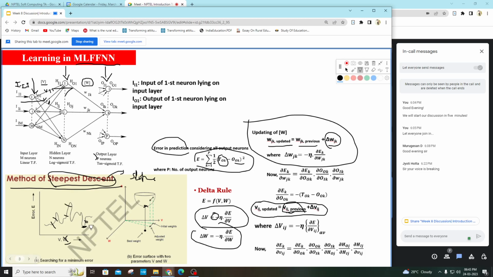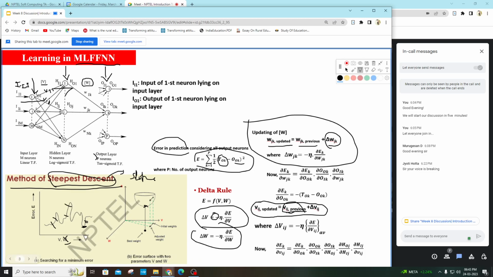So in this case we are searching for our minima here. At which value of V will we get the least error?